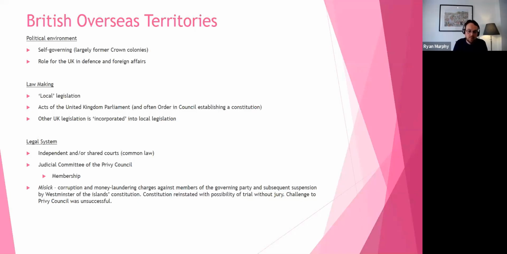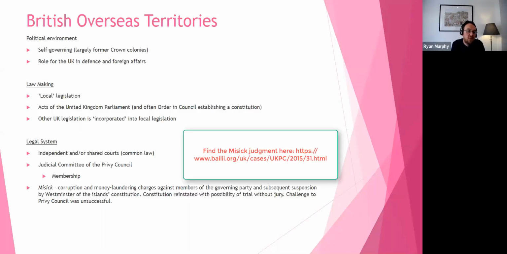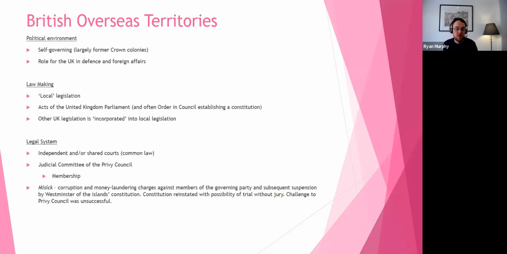So, in Mizik, you have corruption on a grand scale undertaken by members of the governing party on the Turks and Caicos Islands, which is one of the British Overseas Territories.